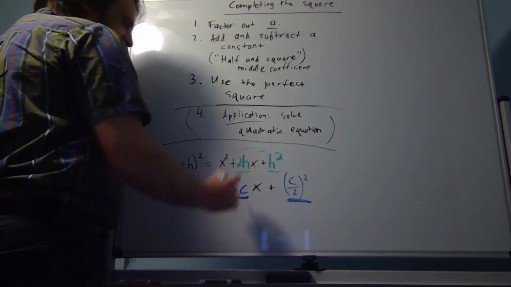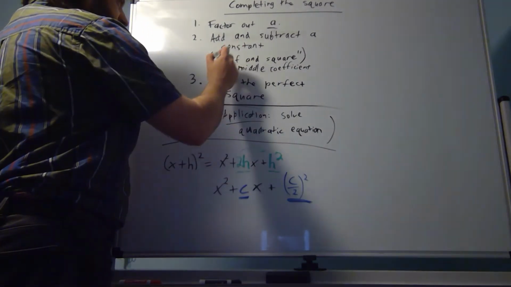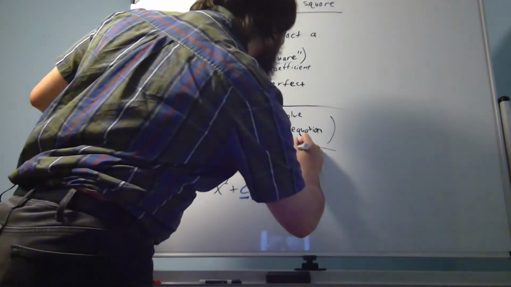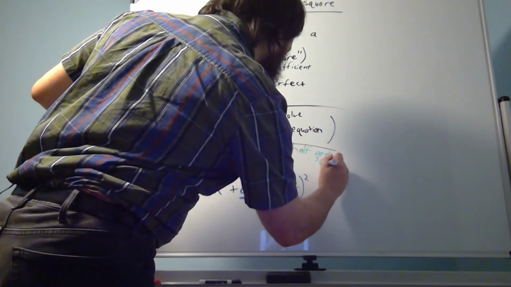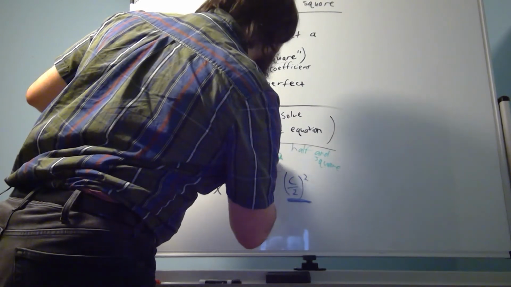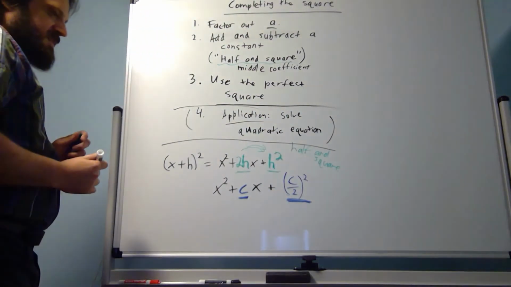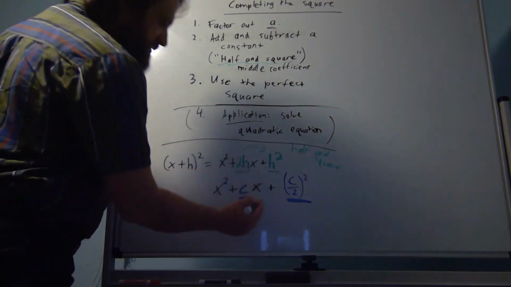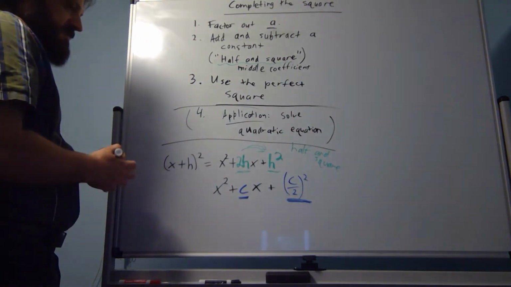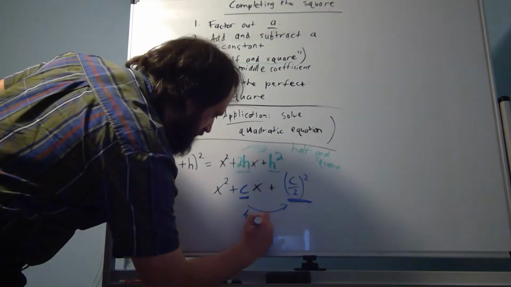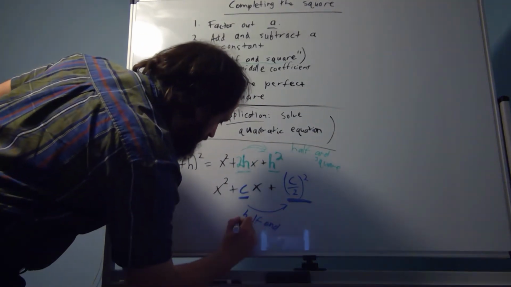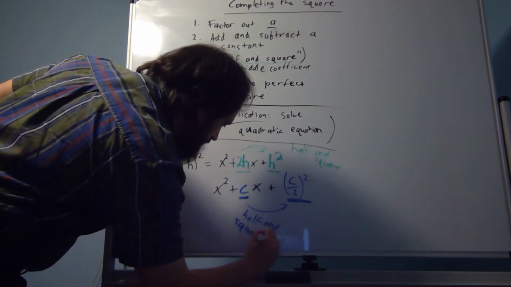I've written it down as c here, so half and square is what you have to do with the middle term to get the constant. So the middle coefficient, half and square, gets you h squared. Middle coefficient, half and square, gets you the constant.